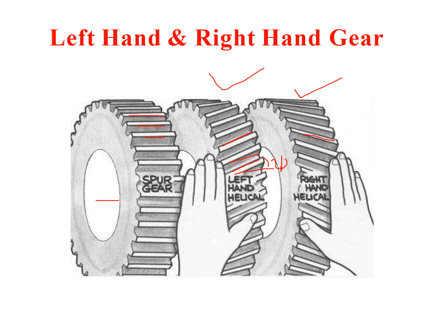Basically, in a left-hand gear the teeth slope towards the left side, whereas in a right-hand gear the teeth slope down towards the right side. This is how left-hand and right-hand helical gears can be differentiated or identified.